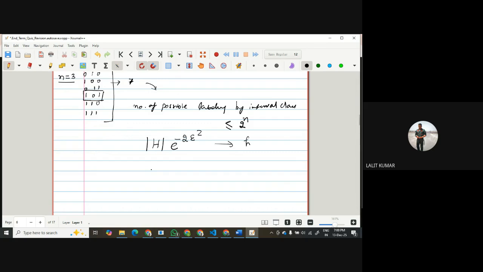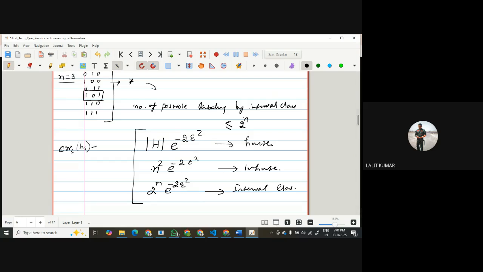For infinite, we had n square e to the power minus 2n epsilon square. And if we use only the interval class, it becomes e to the power minus 2n epsilon square. These are the three important concepts to remember, for the bound on error of S minus error of D. Is that okay, these 3 points?